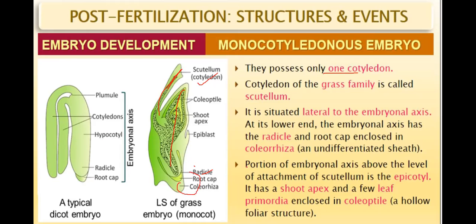Coleorhiza. The portion of the embryonal axis above the level of attachment of the scutellum is the epicotyl. It has the shoot apex and a few leaf primordia enclosed in the coleoptile, a hollow foliar structure. It protects the shoot apex. There is an epiblast also.